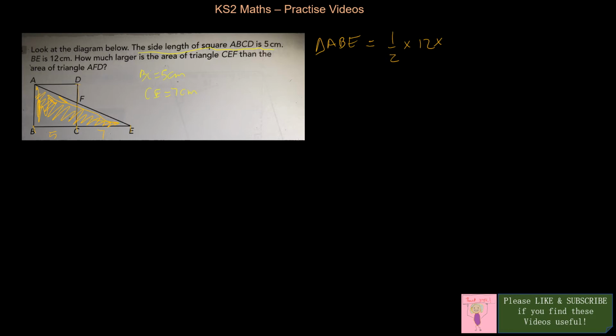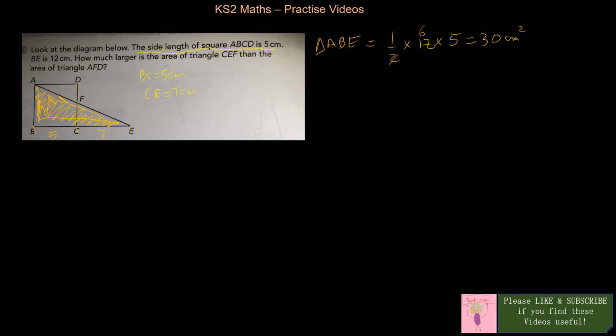Okay. So ABE, half times 12 times 5. Base is BE, which is 12, and 5 is AB. Right, so that is 30 centimeters square. So that's the area of the triangle ABE.